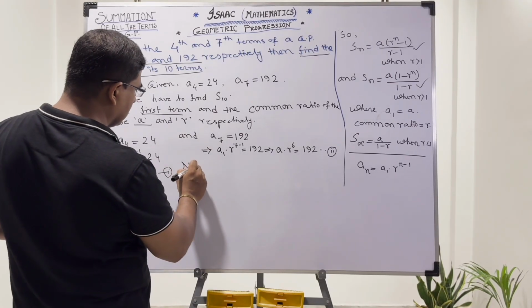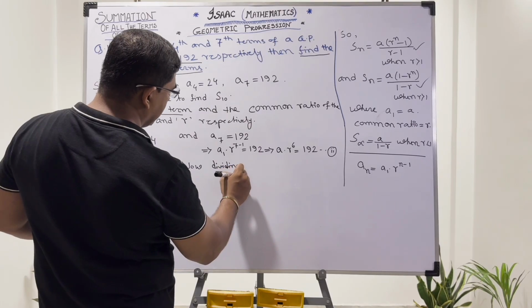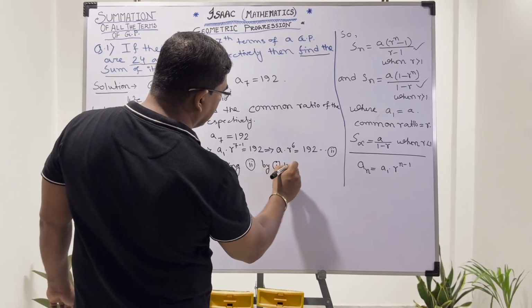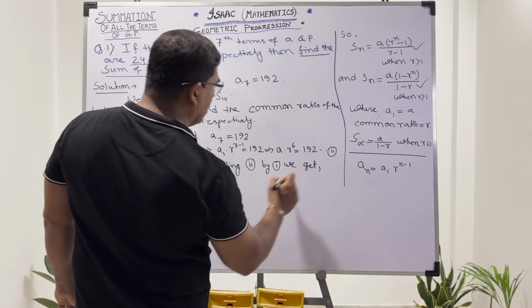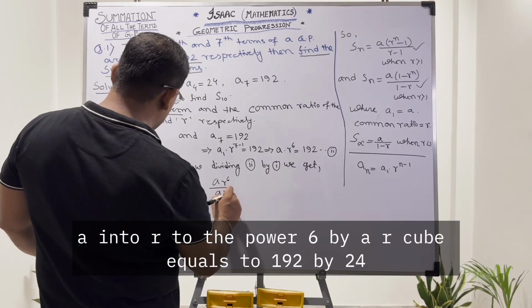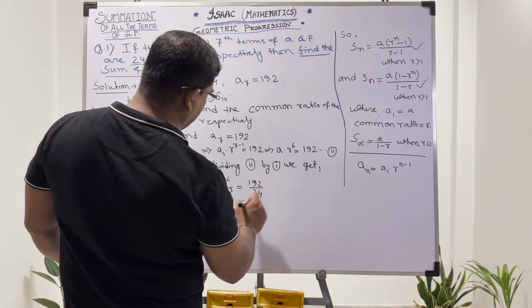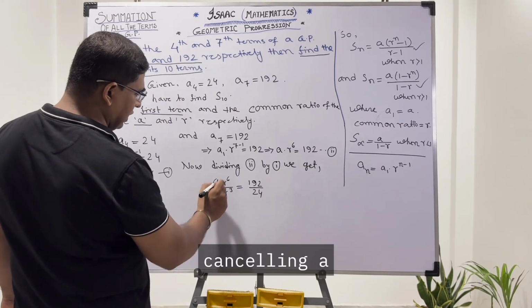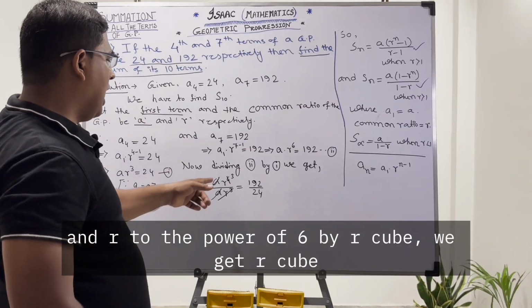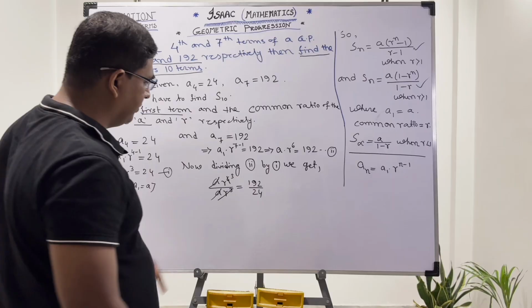Now dividing 2 by 1, we get A into R to the power 6 by A R cube equals 192 by 24. Cancelling A and R to the power 6 by R cube, we get R cube.